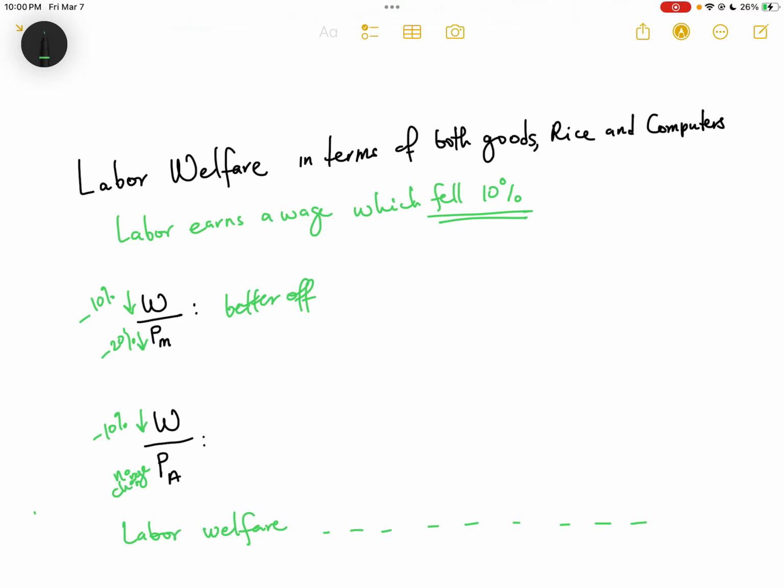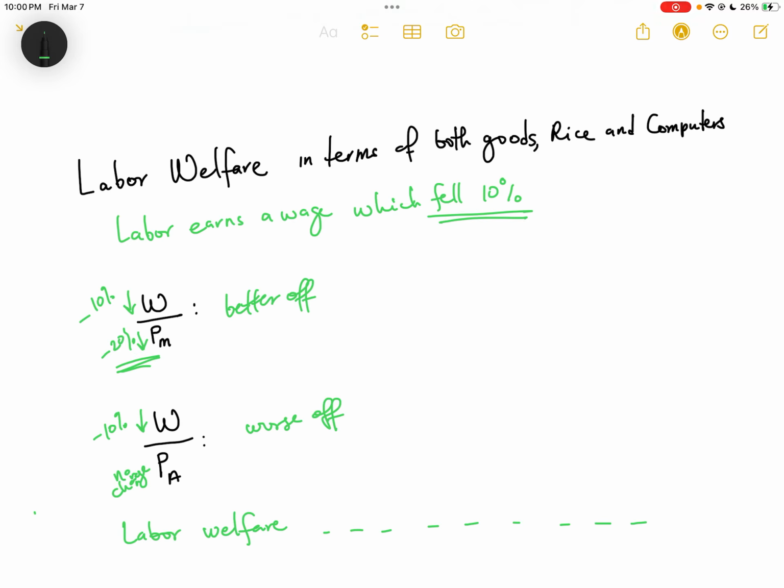In that case, you are worse off. So in this case, labor welfare sees a gain in computers only, because there was a sharper fall in the price of computers.